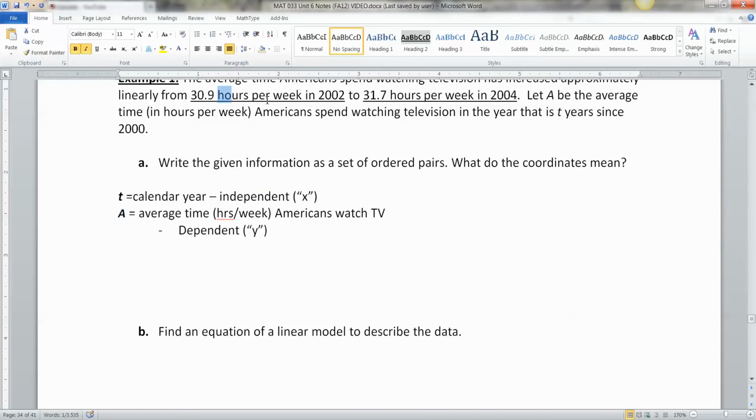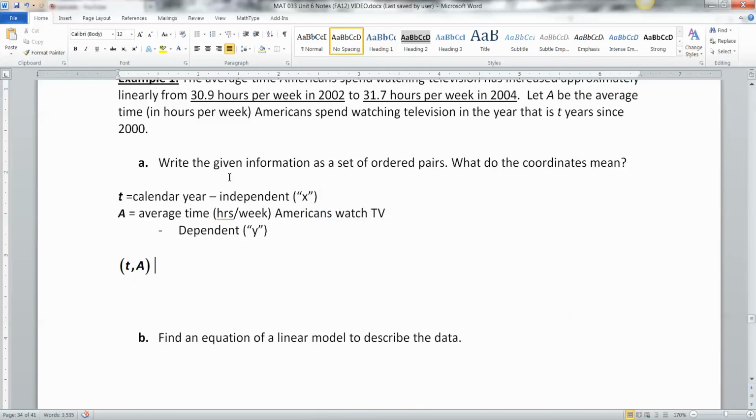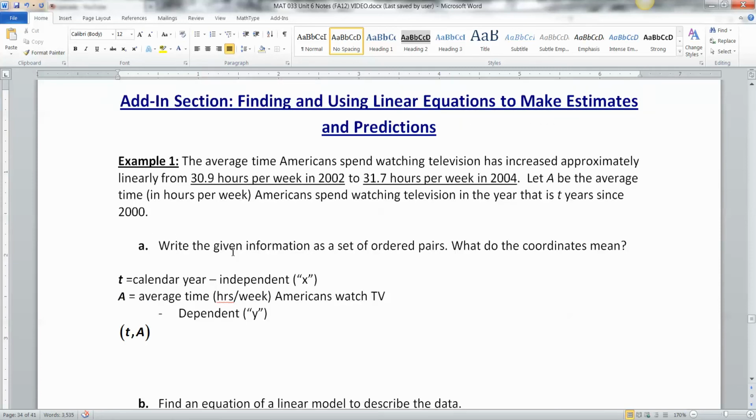One, to underline the important parts, but two, to set up for yourself which one's coming first, which one's coming second, and how that's going to look in an ordered pair and which each variable is. Even if they don't ask for it, write it down somewhere because it really helps to figure out, hey, what variable was what. And that's going to be true even in the statistics sections in Unit 7. You've got to know which one was your X and which one was your Y.